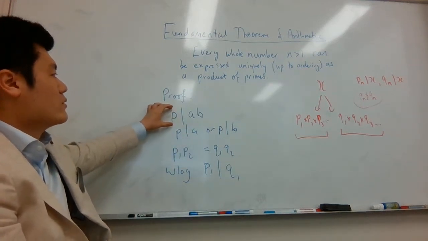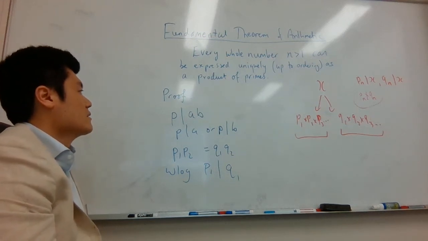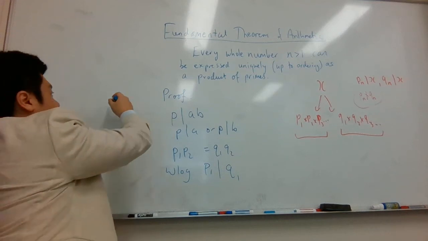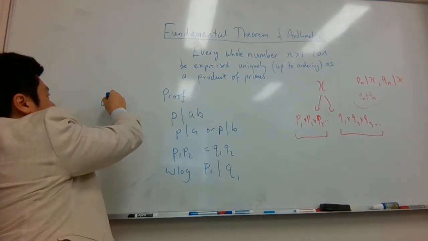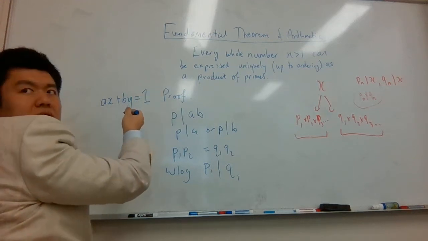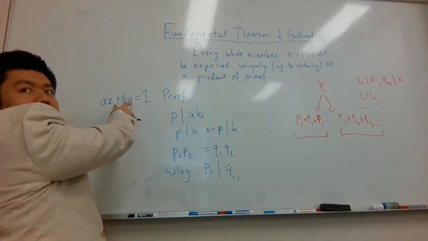And the way we prove this lemma is to basically use Bézout's lemma, remember? We have ax plus by equals 1, and if a and b are co-prime, then there exist x and y.